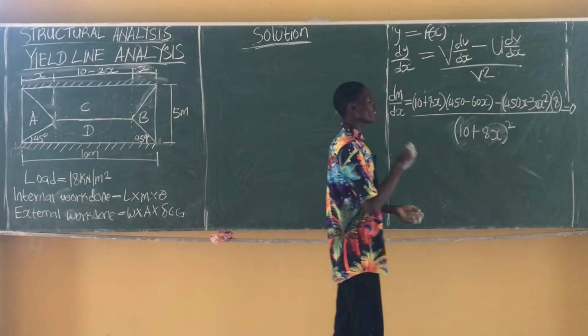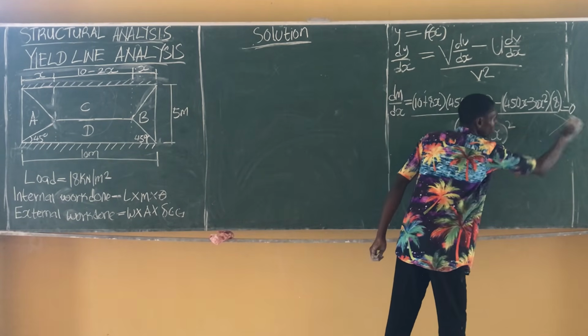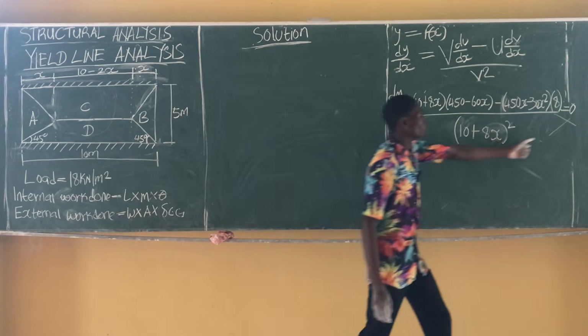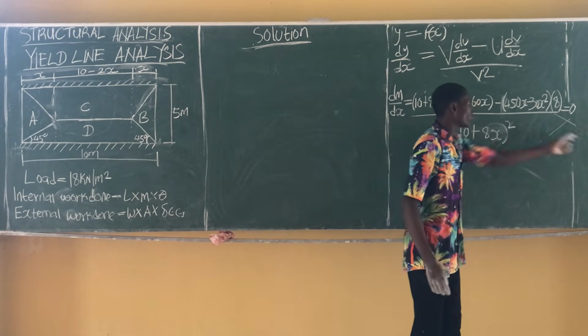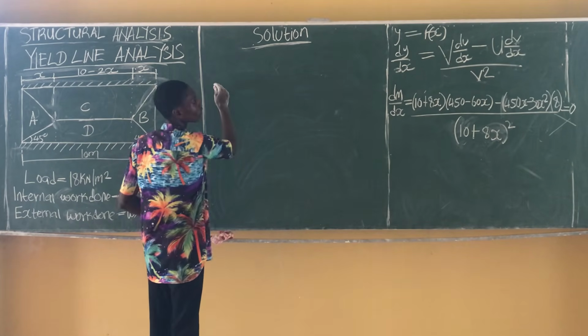So after differentiating, we have this equal to 0. At this stage, we simply cross multiply.